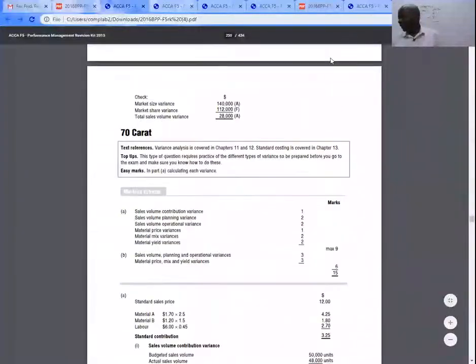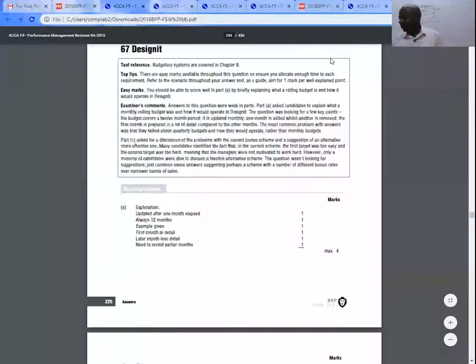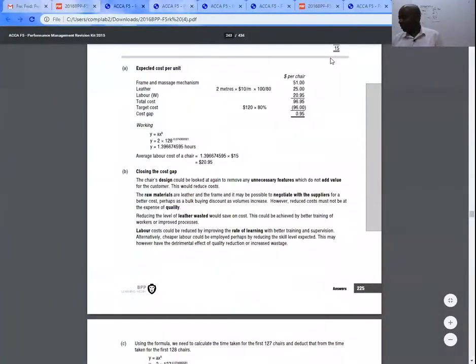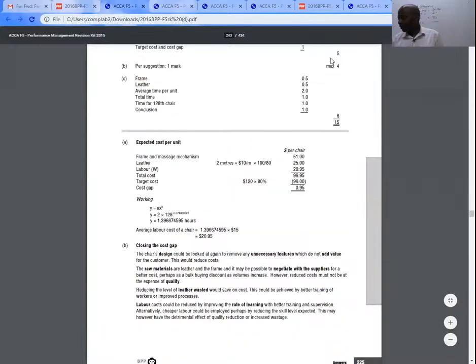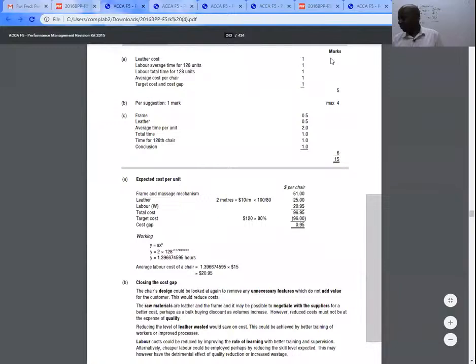Because you guys are younger than me, I'm sure scrolling can never be a problem to you. Like you can see what they have done here, the answer they have is 96.95. And the most important thing is how they handled the loss, this 25, how they got it.